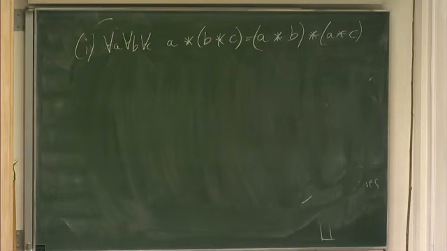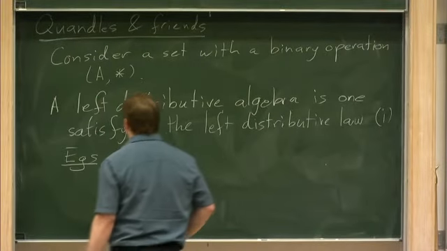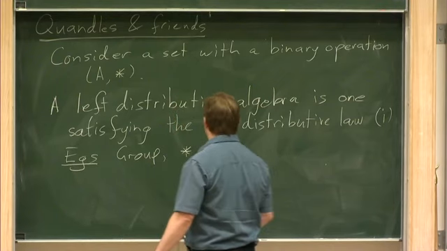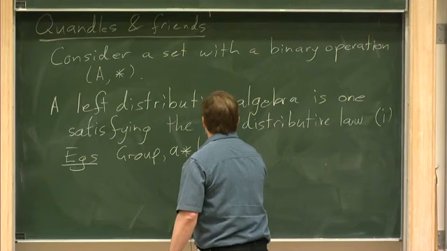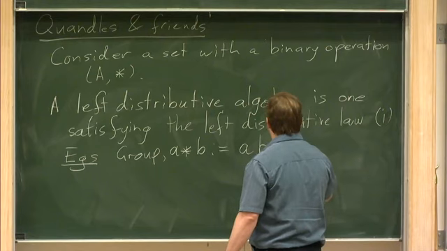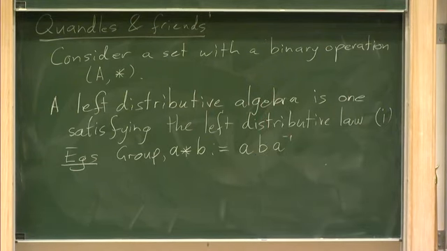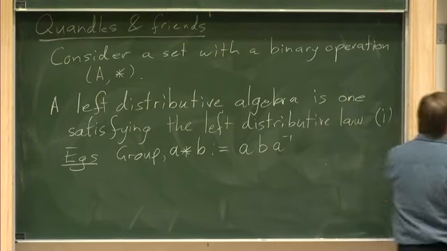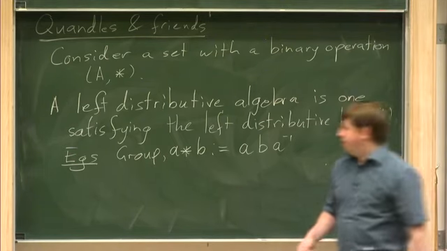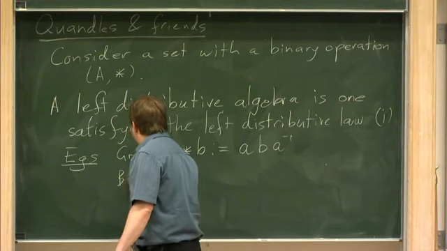The first case is if you take a group with a conjugation operation. So we have a group and then star is conjugation: A star B is A B A inverse. Then you can check, with very simple algebra, that this holds for your group with that operation. Another nice example is if you have a Boolean algebra.